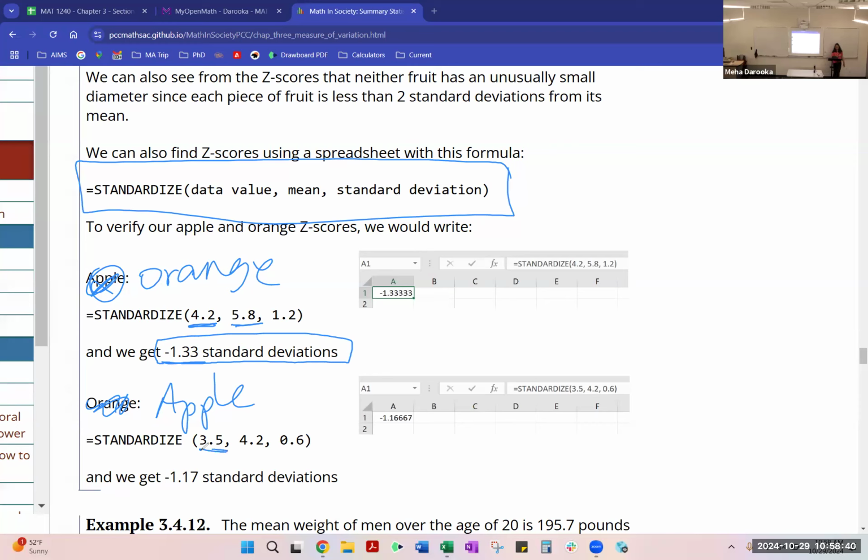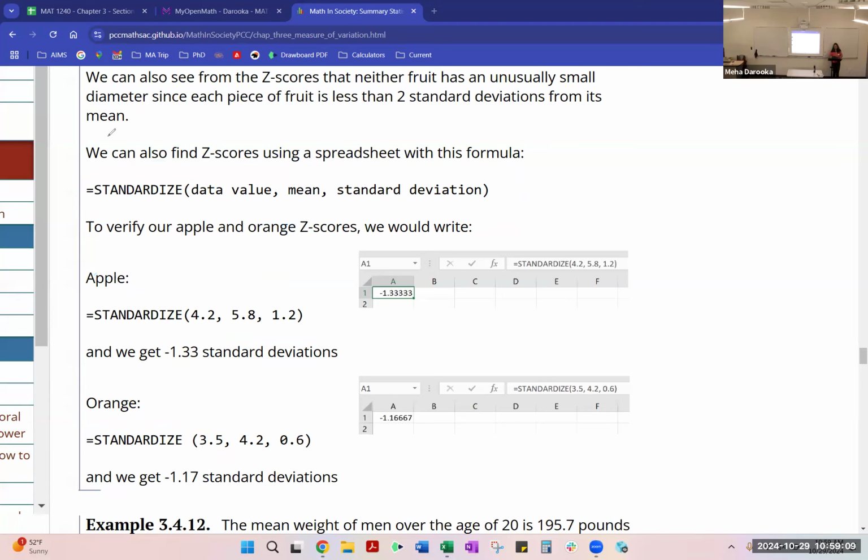And then for the apple, the one they picked up was 3.5 inches. The mean was 4.2 and the standard deviation was 0.6. So their apple came out to be -1.17 standard deviations below the mean. All right, let's get rid of this guy.